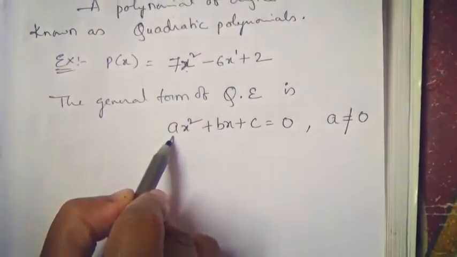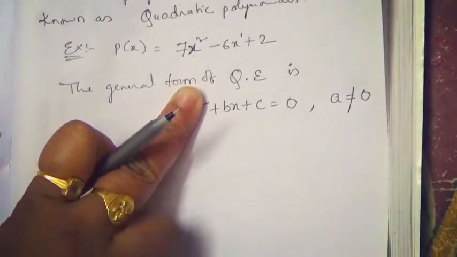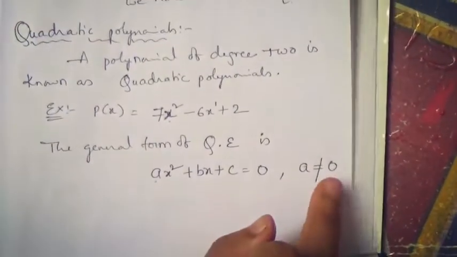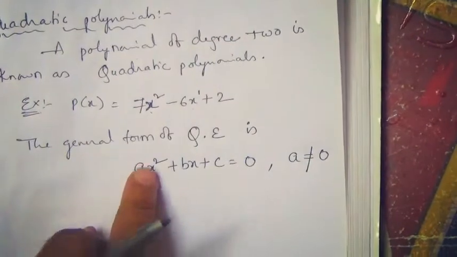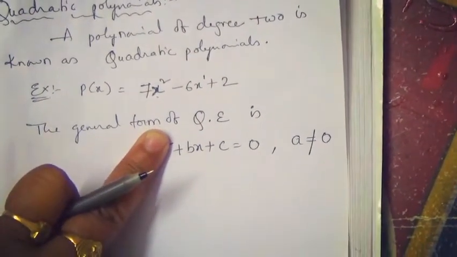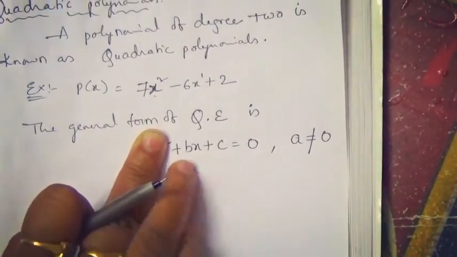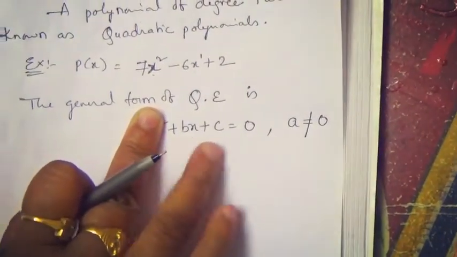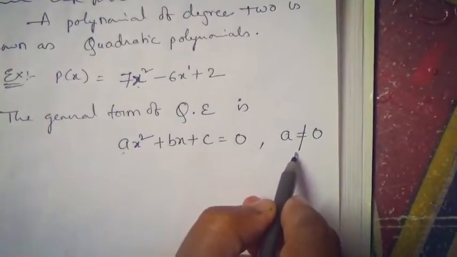Because if it becomes 0, 0 into x square is 0, then the equation becomes linear, right? If a is equal to 0, then the expression becomes bx plus c, and the equation is a linear polynomial. Hence a should not be equal to 0.